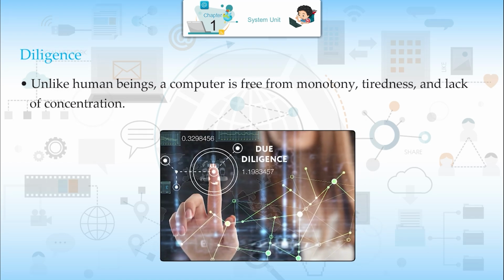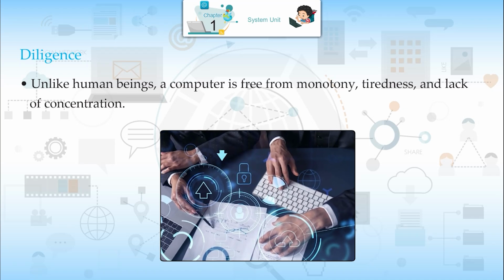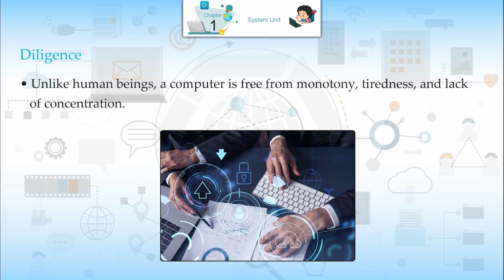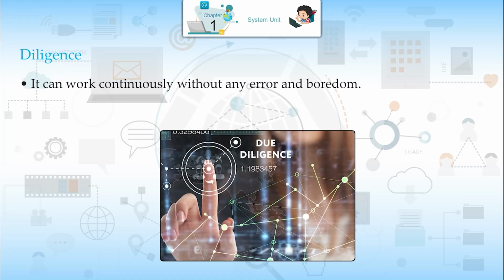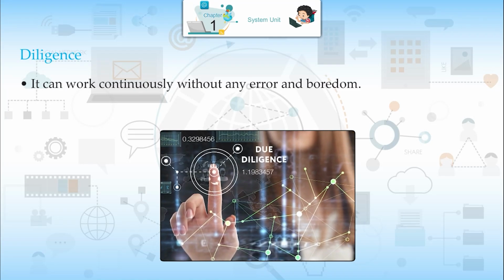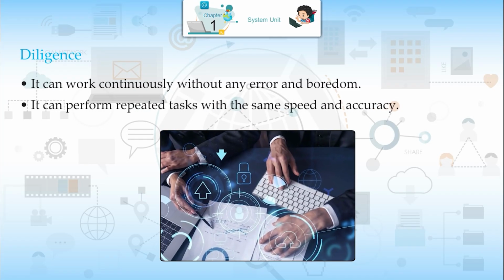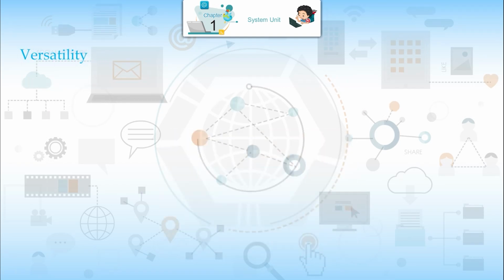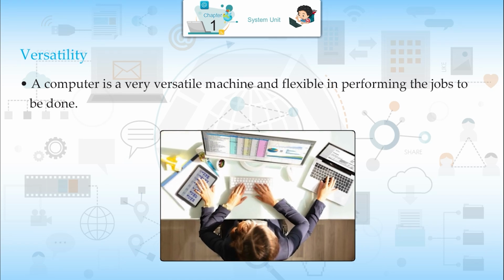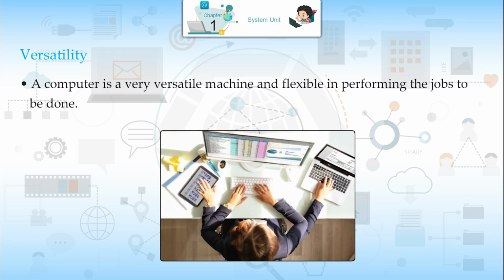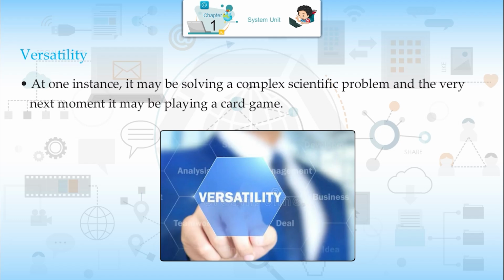Diligence. Unlike human beings, a computer is free from monotony, tiredness, and lack of concentration. It can work continuously without any error and boredom. It can perform repeated tasks with the same speed and accuracy. Versatility. A computer is a very versatile machine and flexible in performing the jobs to be done.